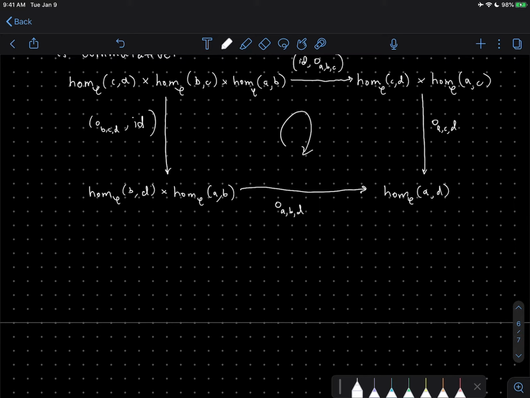So hereafter, or from here on out, we just write circ for composition. And we'll make sure to check that it's defined.